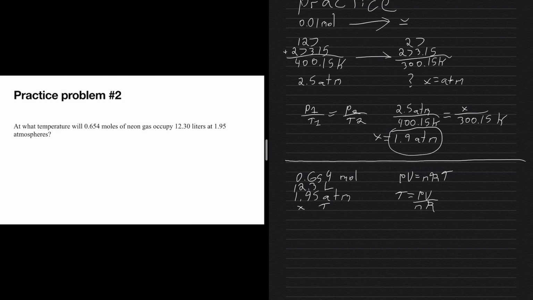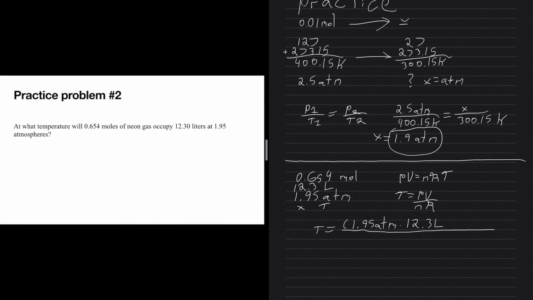So now we're going to fill in the information. So we have T equals, P is going to be 1.95 ATM times V, volume is going to be 12.3. Always remember, put your units here to not get confused.